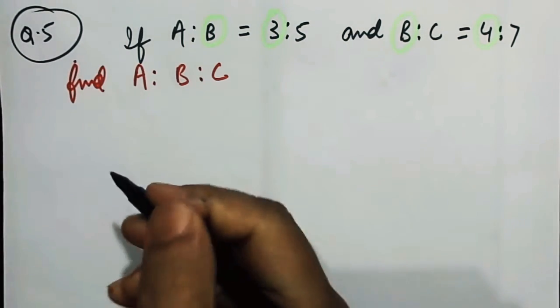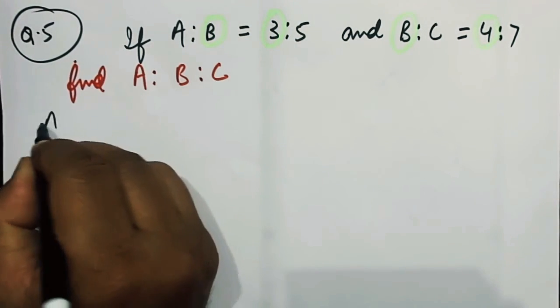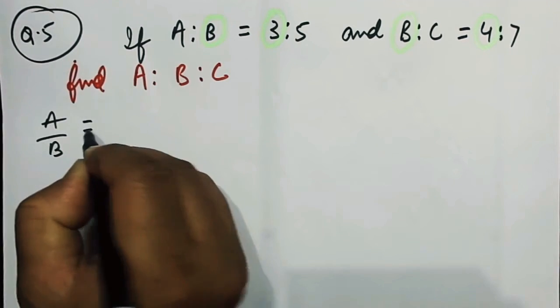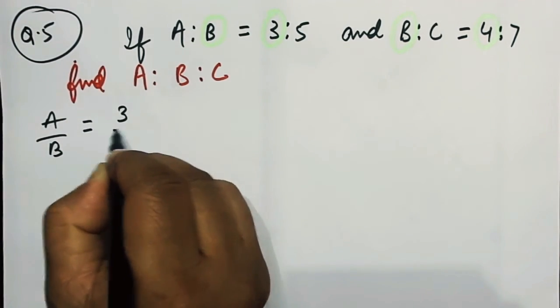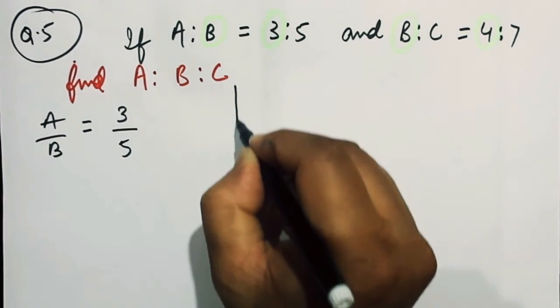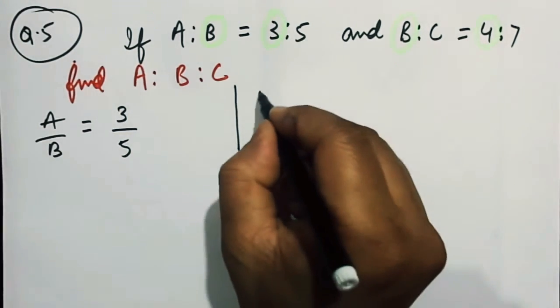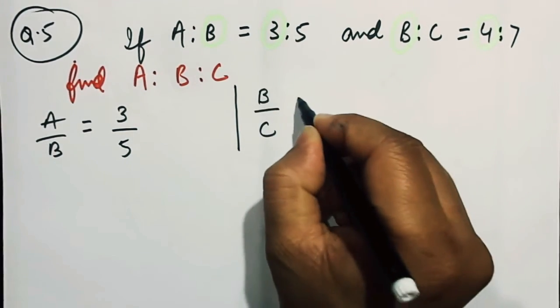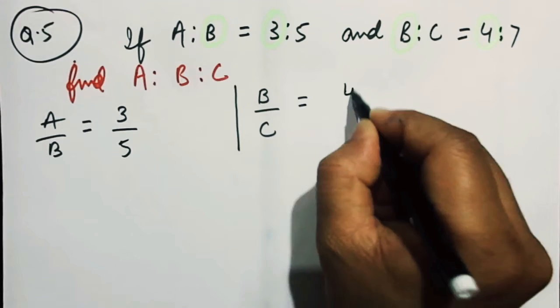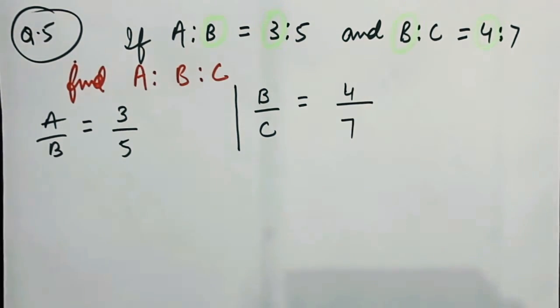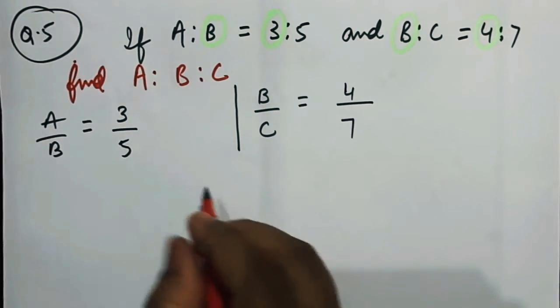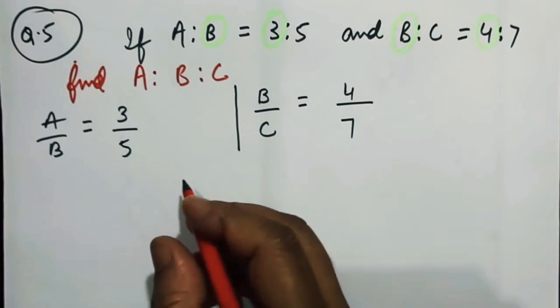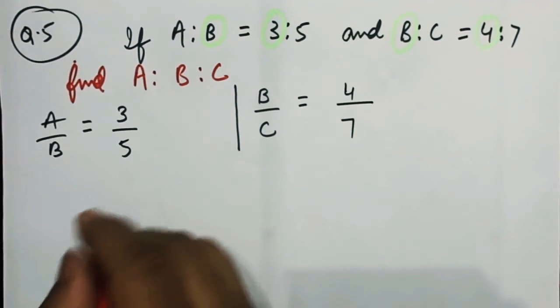A by B is equal to, they have given you 3 by 5 and B by C they have given you as 4 by 7. What did I say? I said making the values of B equal to their LCM.